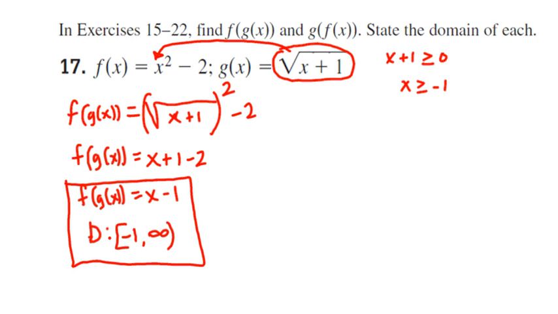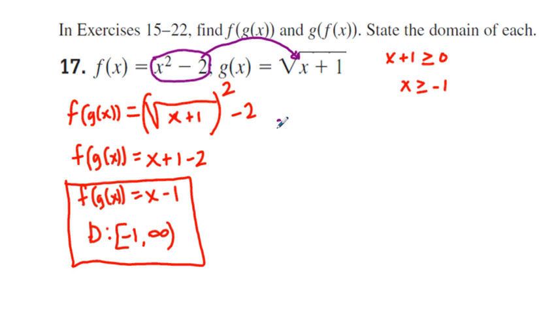Next, we still have this x is greater than or equal to -1, but we're going to have g of f of x, and we're going to take this f here, x squared minus 2, and replace this x here inside the radical.